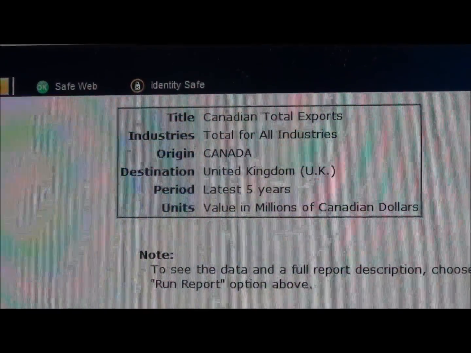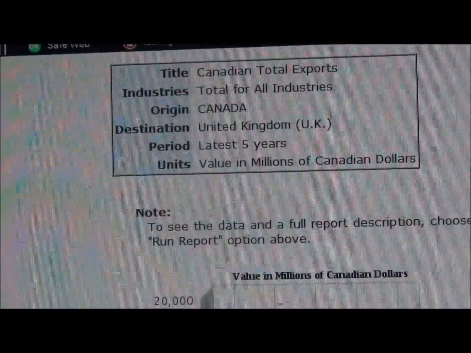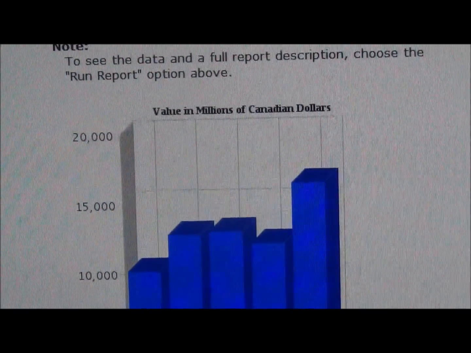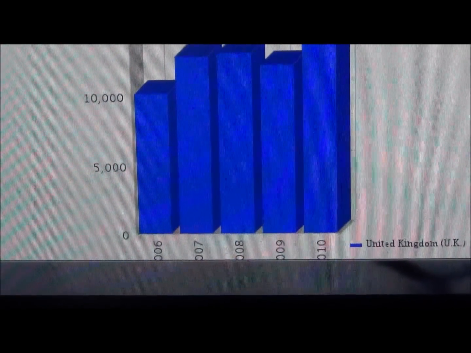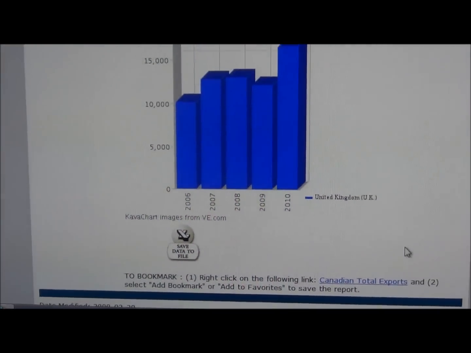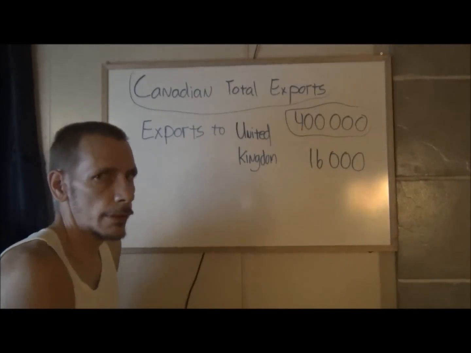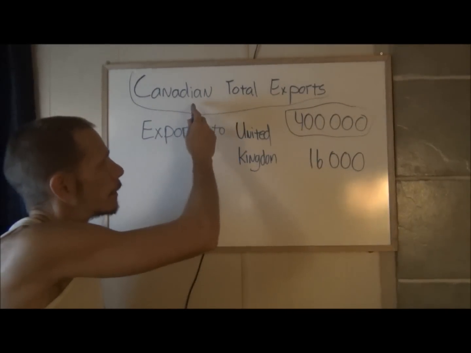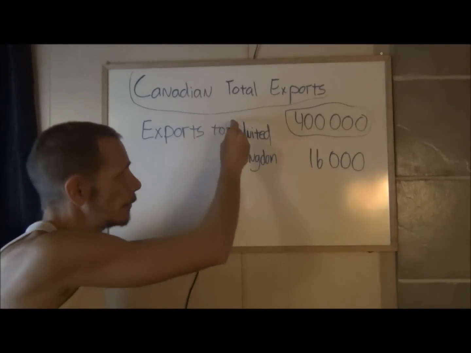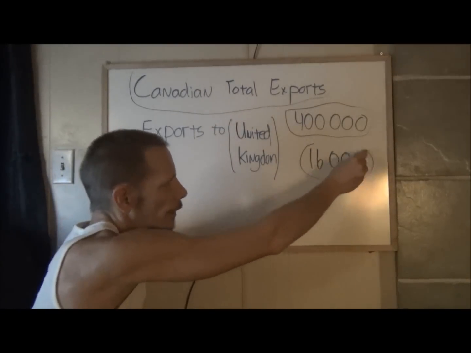Canadian total exports from Canada going to the United Kingdom, last 5 years, about 16,000 for 2010. So out of the 400,000 units exported from Canada, the exports going to the United Kingdom, to Britain, to Her Majesty, are 16,000 units.